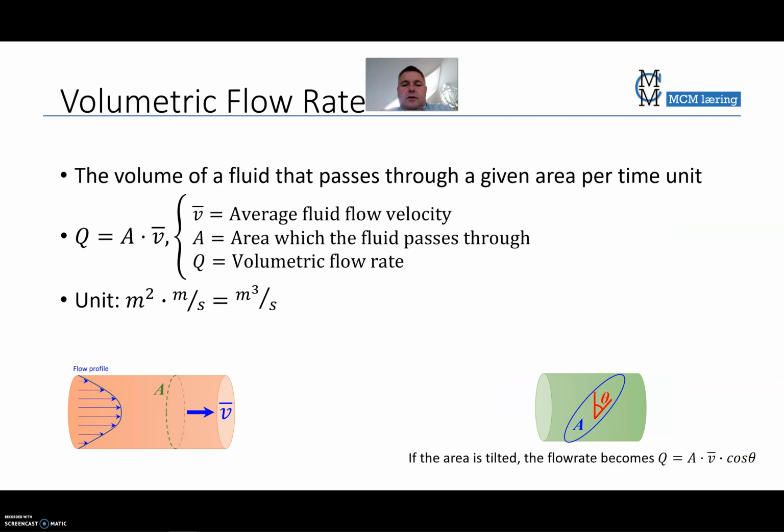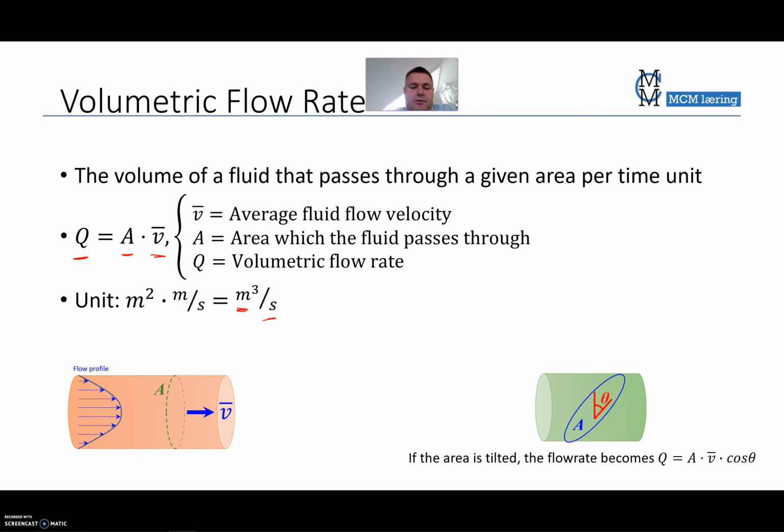When we talk about the fluid flow, we have two kinds of measurements. The volumetric flow rate is the cubic meters per second. So it's the volume per second. And the flow rate is defined as Q, and it's the area multiplied by the average velocity.